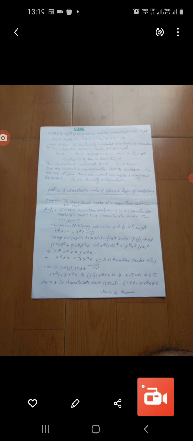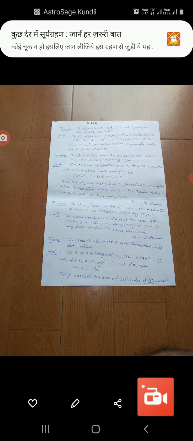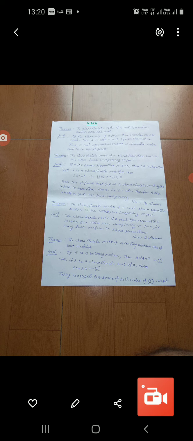From this it follows that i lambda is a characteristic root of iA, which is Hermitian, hence i lambda is real.